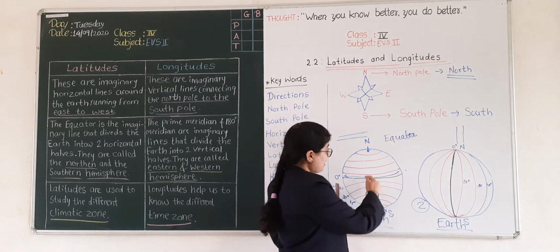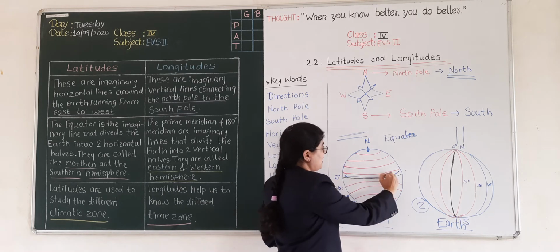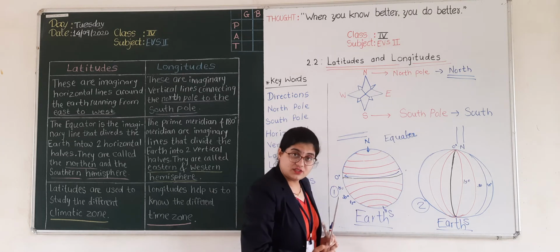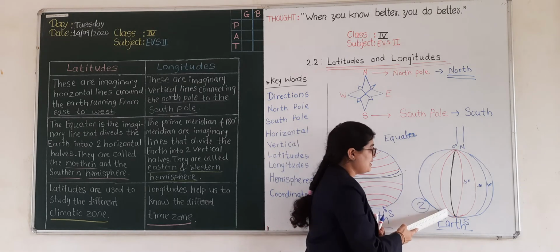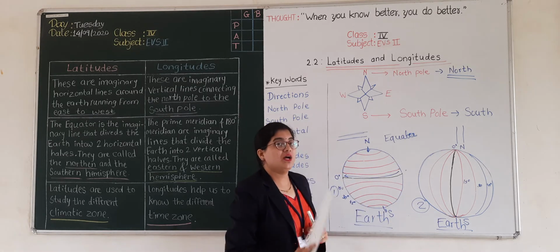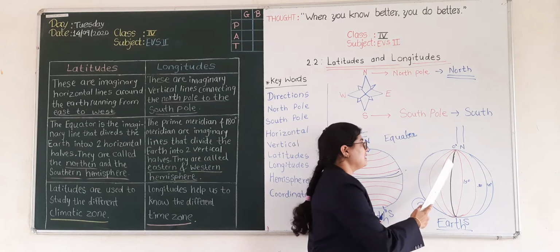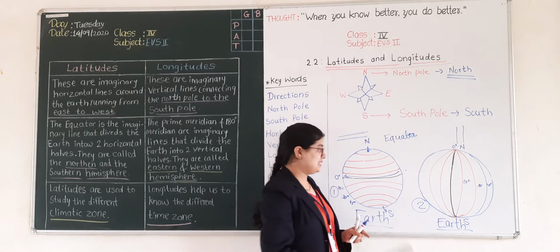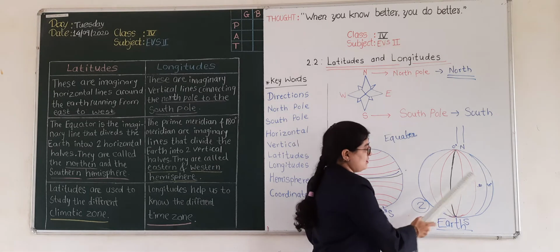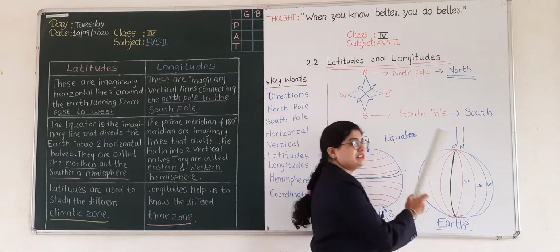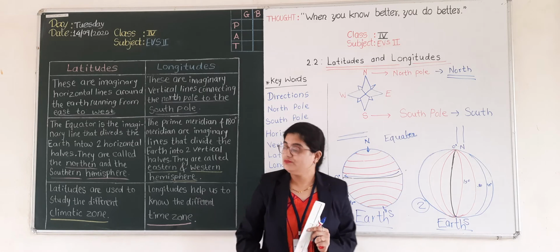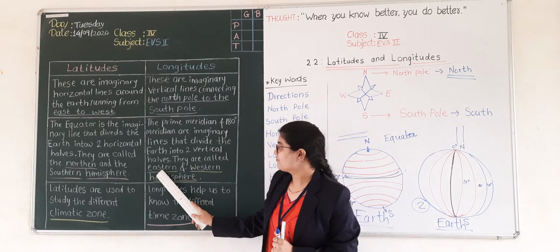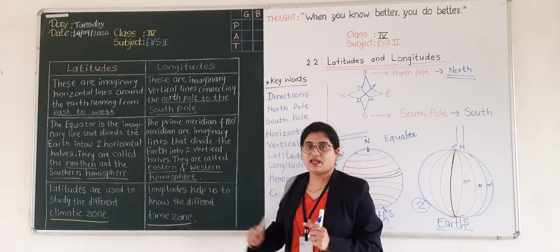The equator divides Earth horizontally, but the prime meridian and 180 degree meridian divide our Earth into two equal halves, that is the western hemisphere and the eastern hemisphere.